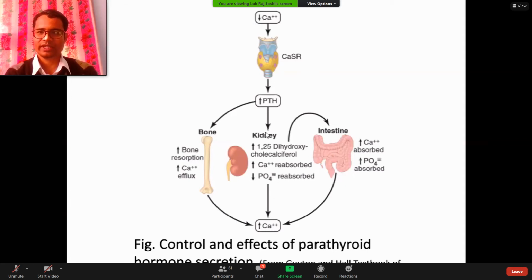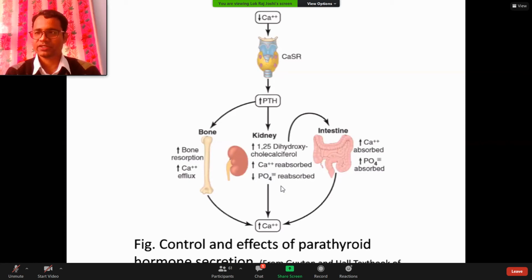Another effect in the kidney: increased synthesis of the active form of vitamin D3, increased calcium reabsorption, and decreased phosphate reabsorption. And we are also describing phosphate in relation to calcium, and you have seen they are closely related. When phosphate reabsorption is decreased, there is more excretion of phosphate.